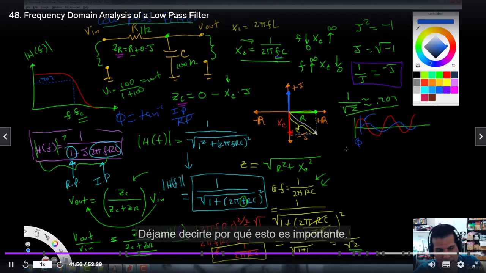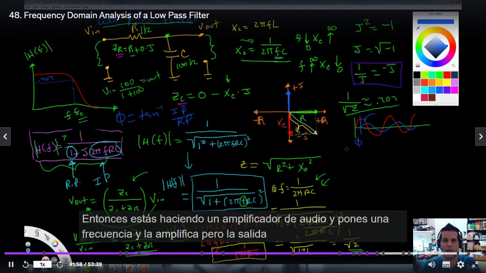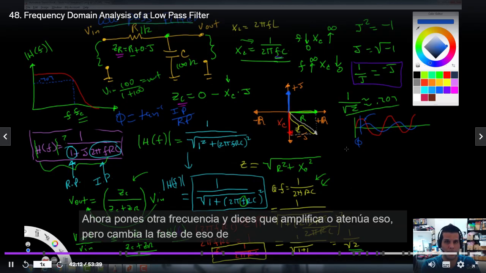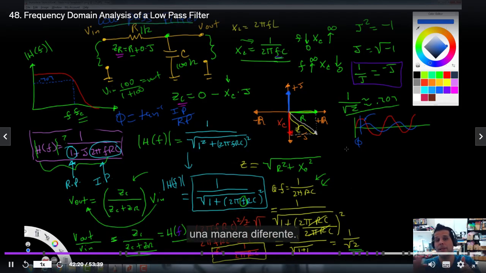Now let me tell you why this is important. Say you're making an audio amplifier and you put in a frequency and it amplifies it, but the output is amplified or attenuated, and it shifts the phase of the signal by some value. Now you put in another frequency and say it amplifies or attenuates that, but it changes the phase of that in a different way.